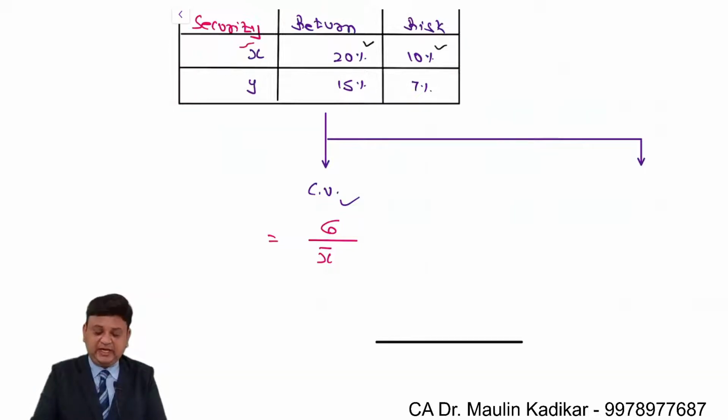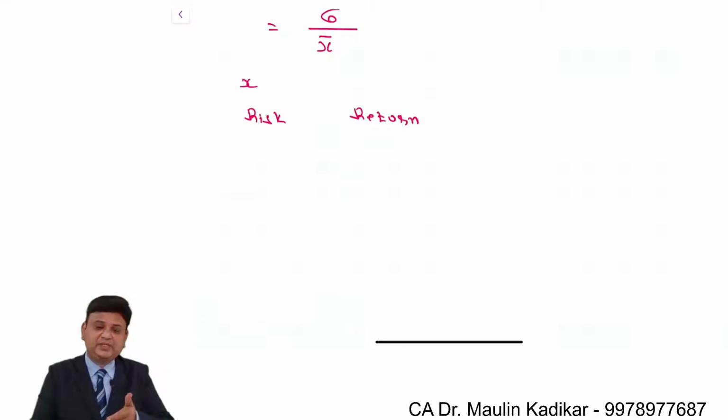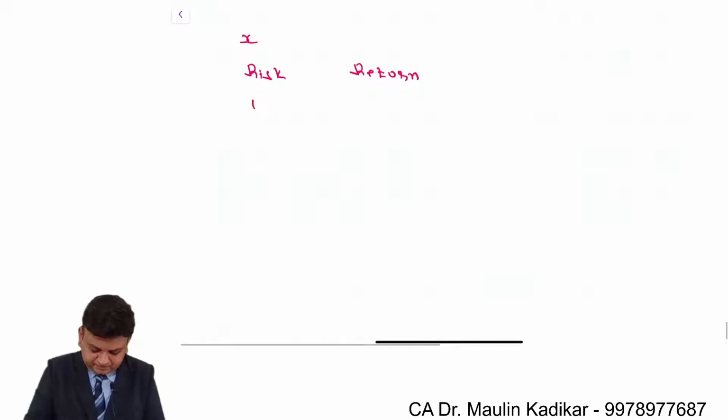Let us say for security X, we understand risk and return. If I make investment in security X, it has a risk of 10% and the return is 20%.